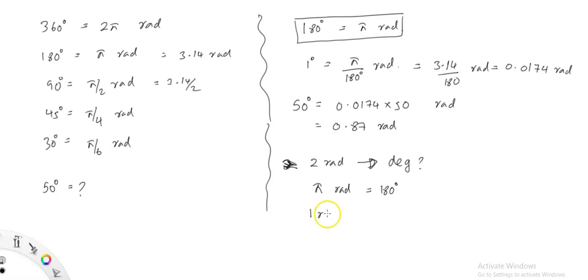So 1 radian equals 180 over pi, or 180 over 3.14. Pi is just a symbol for 3.14. It's not 3.14. It doesn't end there. It never ends.